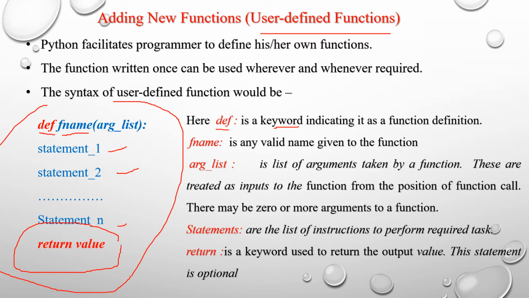These are treated as the input of the function from the position of the function call. There may be zero or more arguments to a function. These statements are the list of instructions to perform the required task, and return is a keyword used to return the output value. The return statement is optional.